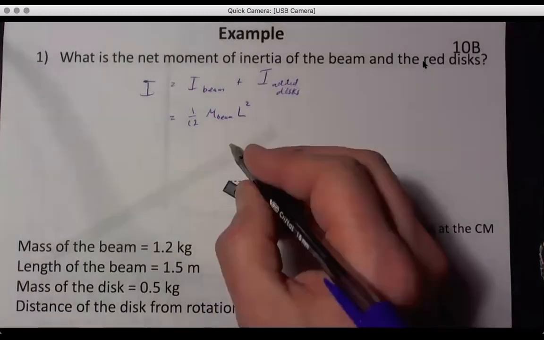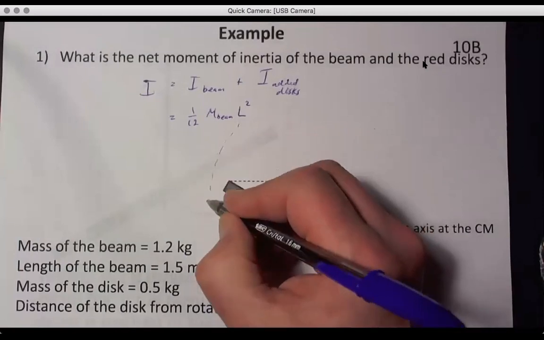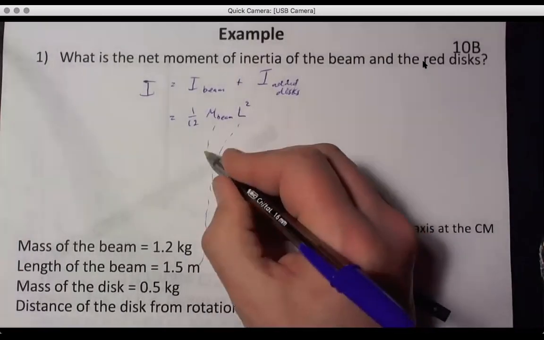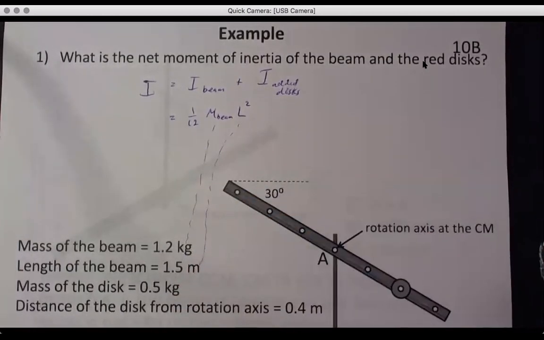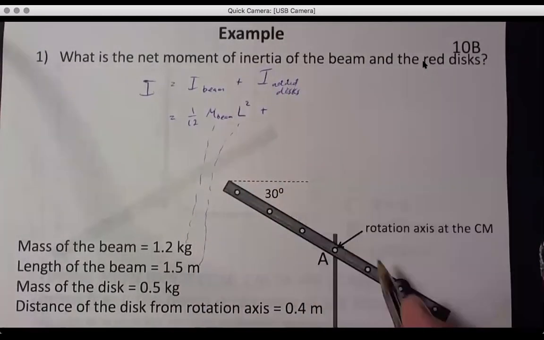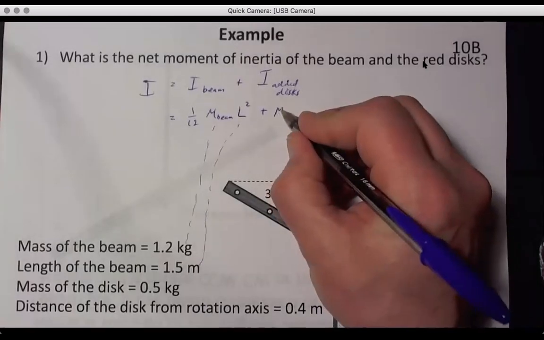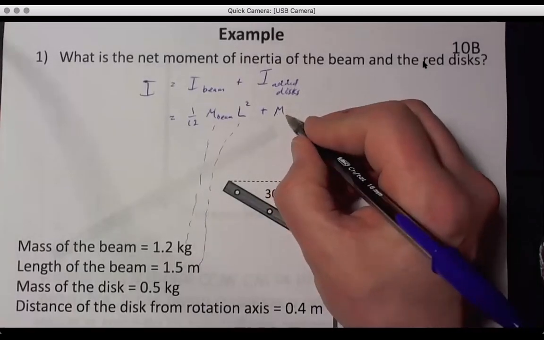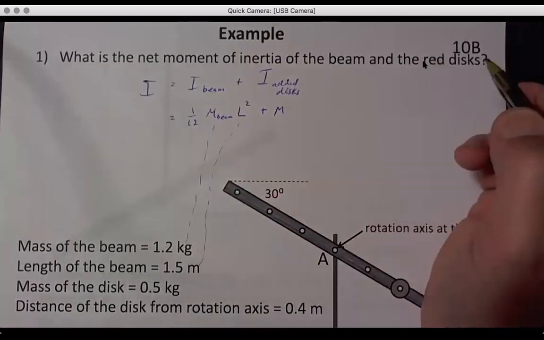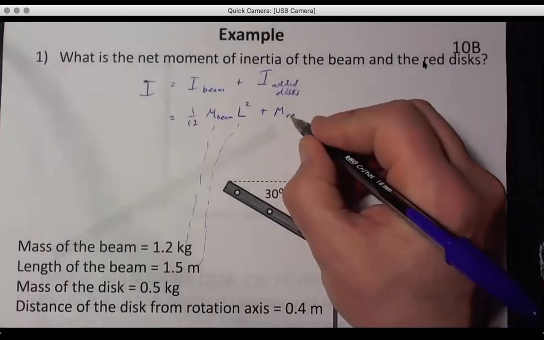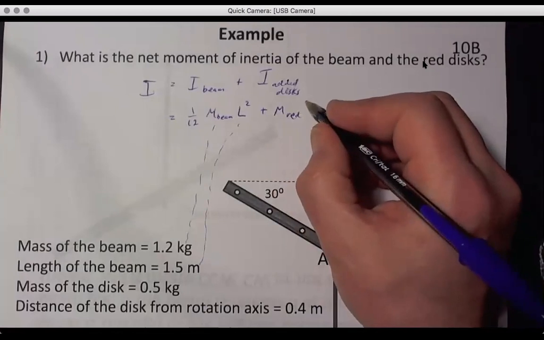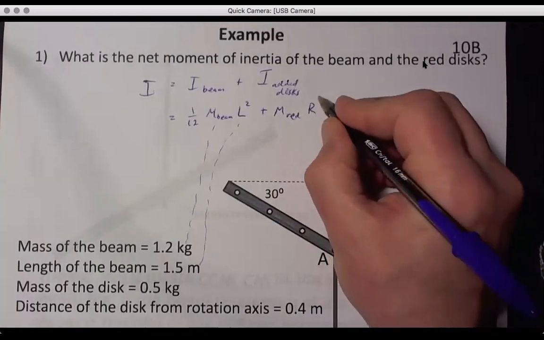Then we have to add, now this is like a point mass out here, so we just add m of the red disc times r squared for the red.